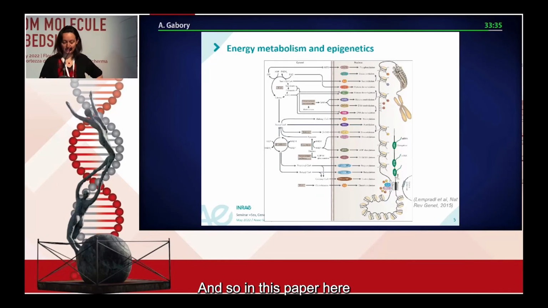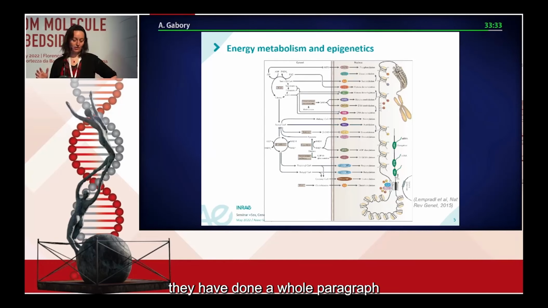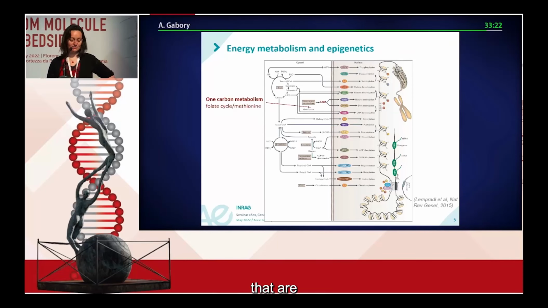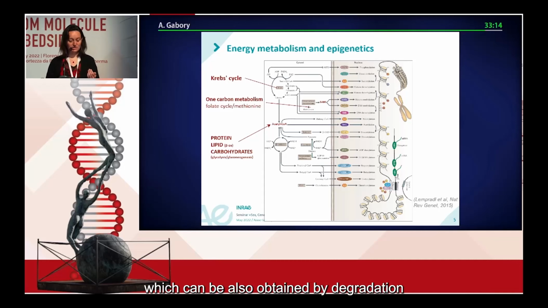In this paper, they have written a whole paragraph linking energy metabolism and epigenetics. As you can see, there are a lot of partners of energy metabolism that are linked with epigenetics: one-carbon metabolism, of course, and the Krebs cycle giving acetyl-CoA, which can also be obtained by degradation of proteins, beta-oxidation of lipids, and glycolysis and gluconeogenesis from carbohydrates.